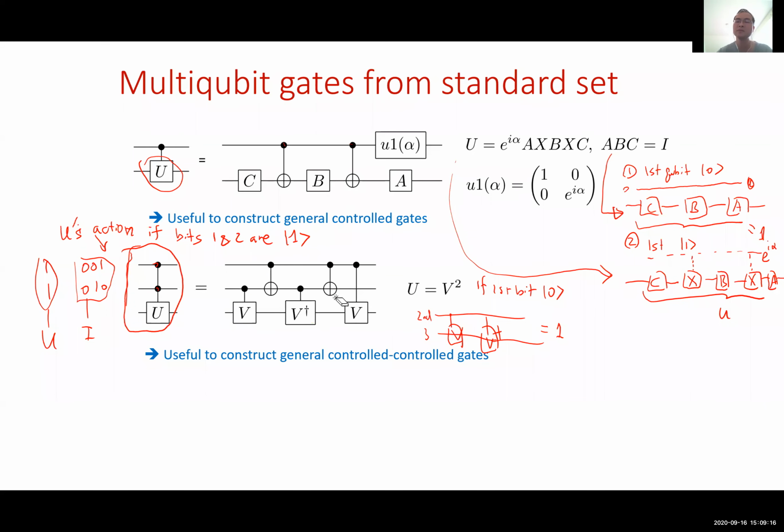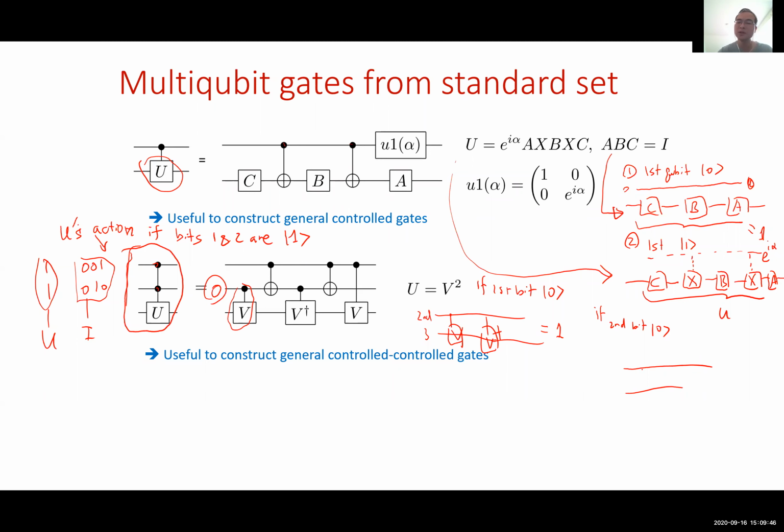Okay. Let's say if the second bit is 0, then let's see the effect. If the second bit is 0, this does not activate.